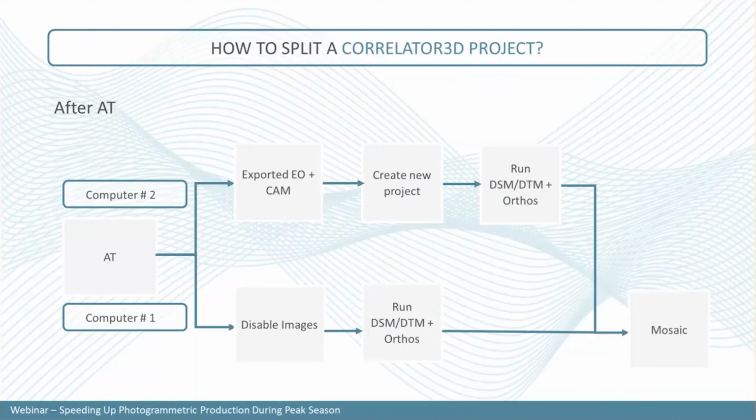This way you should ensure that you have a nice stable block of images, and then you can export the EO and the cam output of your AT onto a new machine, and run the DSM and the ortho on the second machine for half of the project, and run the other half on the other machine.